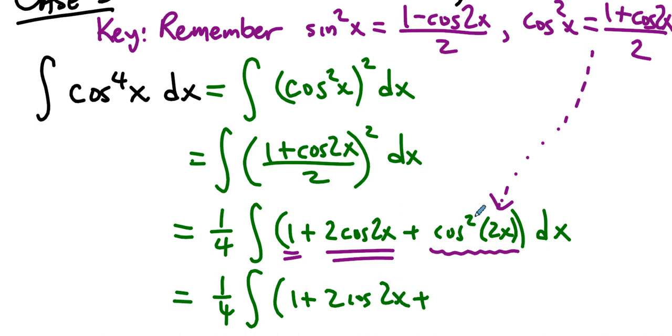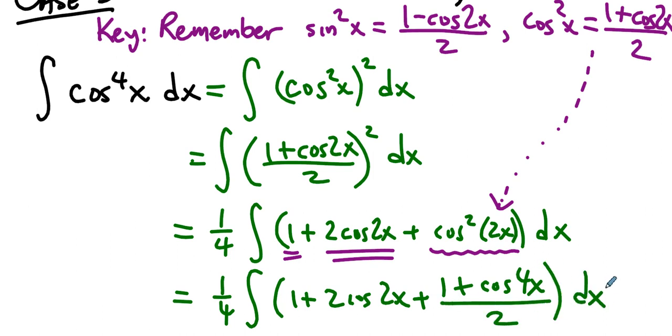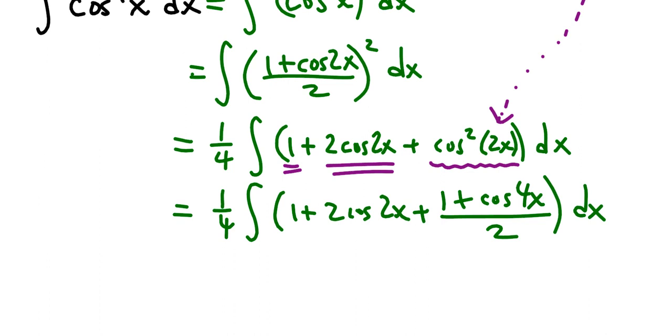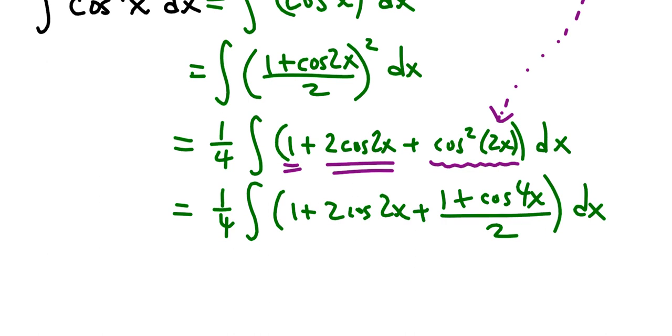Then I'm going to recognize that the cosine squared of a thing is (1 plus the cosine of twice that thing) over 2. And so now we can actually do this. The integral of 1 is x. The integral of 2 cosine 2x is sine 2x.